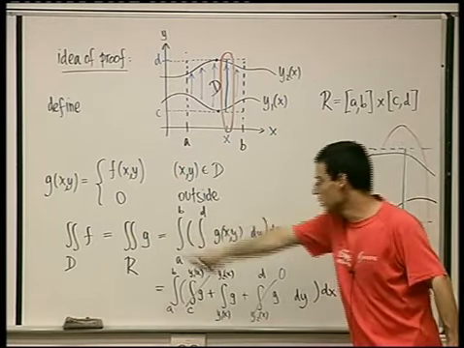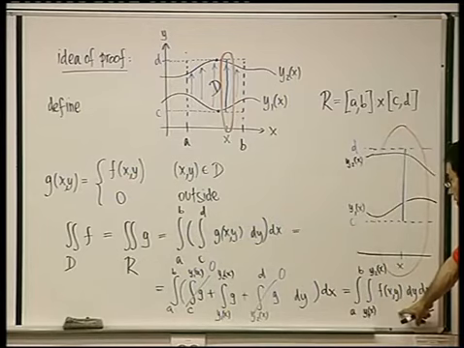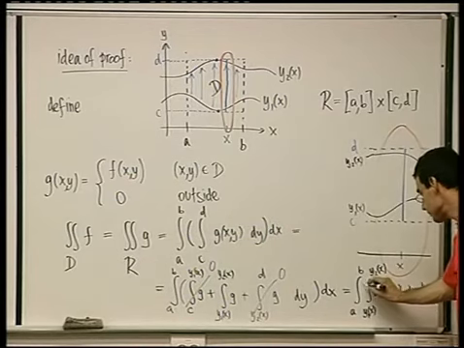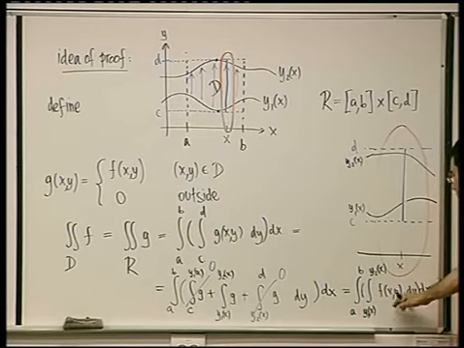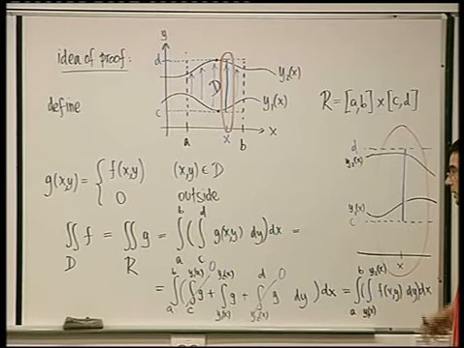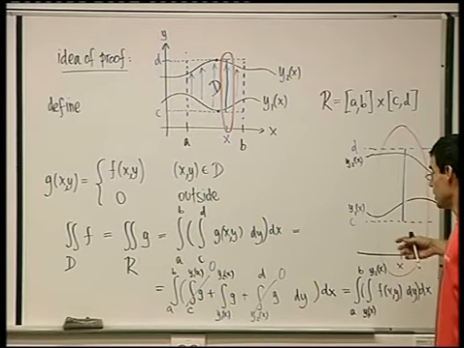So the double integral of f on D equals the iterated integral, as the theorem asserts. Clear? So the idea here is important.